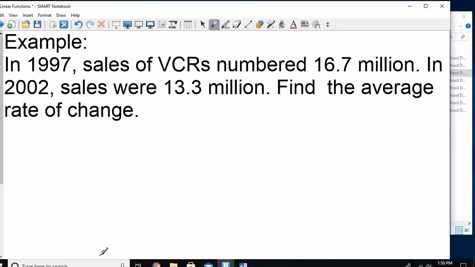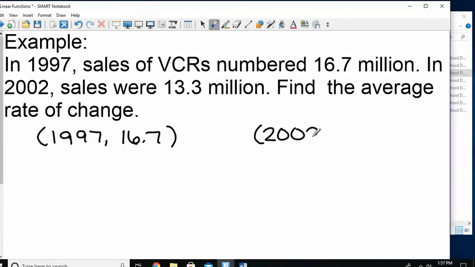So when I ask for average rate of change, I'm asking for slope. We have to write this information as ordered pairs. So in 1997, what would my y be? And second ordered pair would be 2002, comma 13.3.